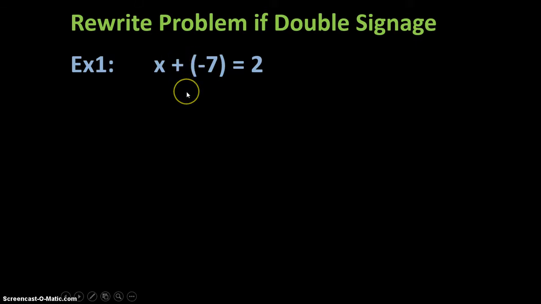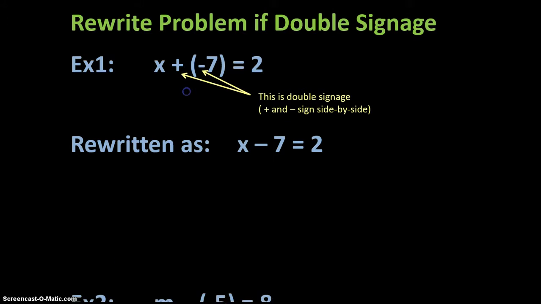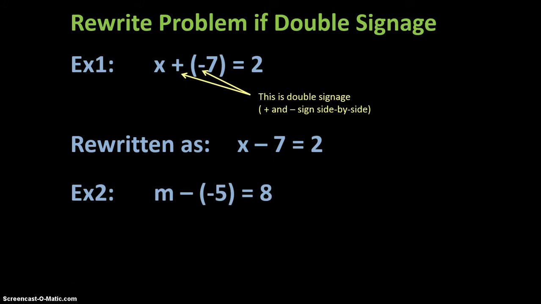So the first thing to do is rewrite x plus negative 7 equals 2 as x minus 7 equals 2. Okay? Notice how the positive disappears and minus takes over, so now we only have one sign instead of two. Another example of that would be m minus negative 5 equals 8.